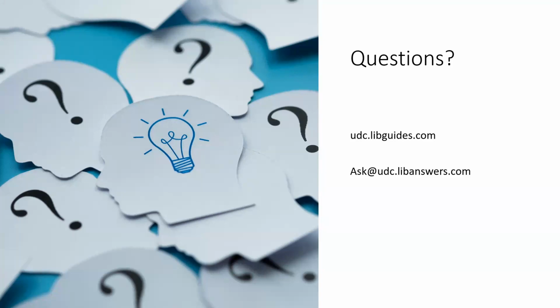We have a question in the chat from Professor George. I know that Google is not great, but how about Google Scholar? Is that better? I think the short answer is it depends, which I know is a tricky response, but it depends on what you're trying to do. Sometimes Google is great, if you're trying to do background research or you have a personal research need.